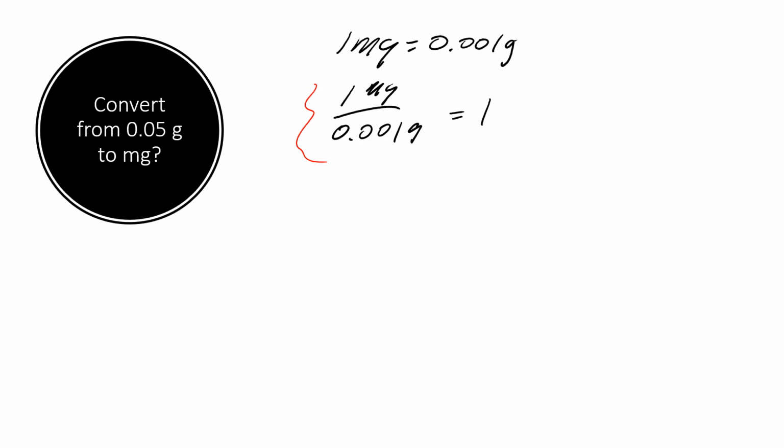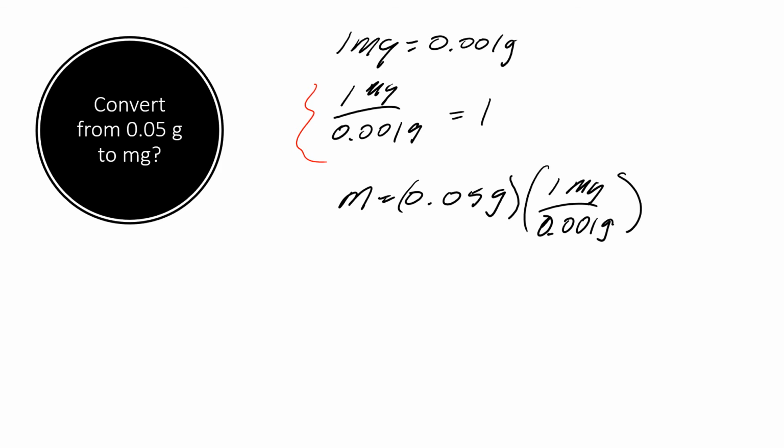So we can multiply by that and end up with our original value without changing the value. Imagine that we have a mass of 0.05 grams. We can multiply by that conversion factor. So let's do that right now. We multiply by 1 milligram over 0.001 gram. 0.05 times 1 is just 0.05, divided by 0.001.